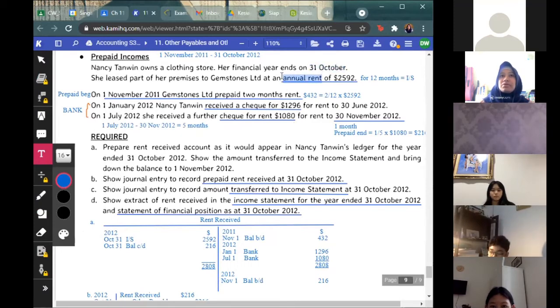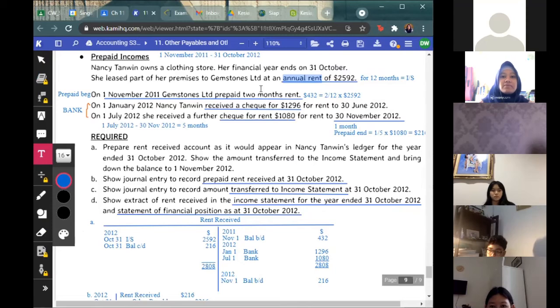When you hear this annual, it is representing IS, or annual means it is for 12 months. This amount is for 12 months because annual is one year, okay?